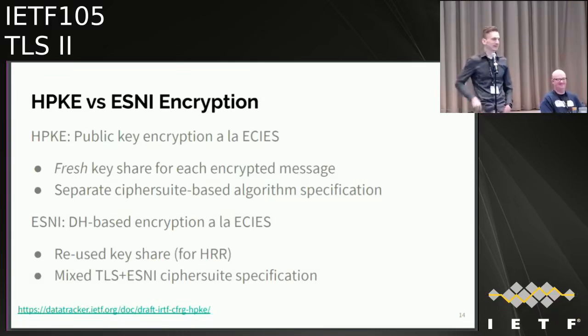The contract for HPKE is that whenever you encrypt to a public key, you generate a new fresh key share for each encryption. And there's a cipher suite that says exactly what algorithm you use for doing that encryption.